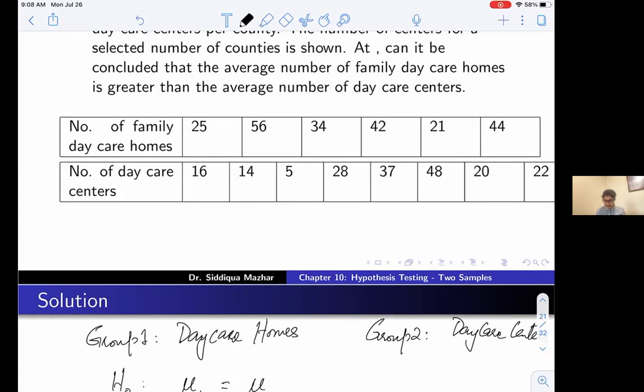And list 2 is the number of daycare centers, which is 16, 14, 5, 28, 37, 48, 20, and 22.